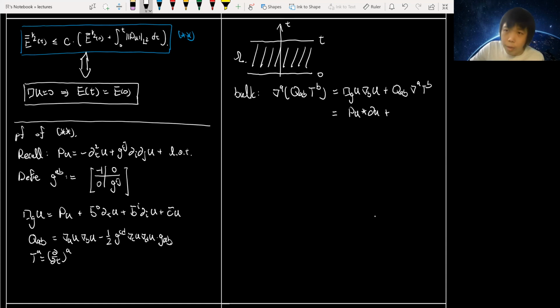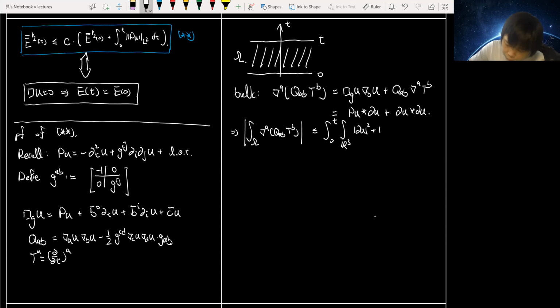And the second term will be quadratic in the first order derivative of u, du times du. Therefore, if we put the absolute value, the integral of the divergence will be bounded by the integral over 0 to T and R3 of du squared plus du times Pu dx dt, up to some constant C. So this is the bulk.